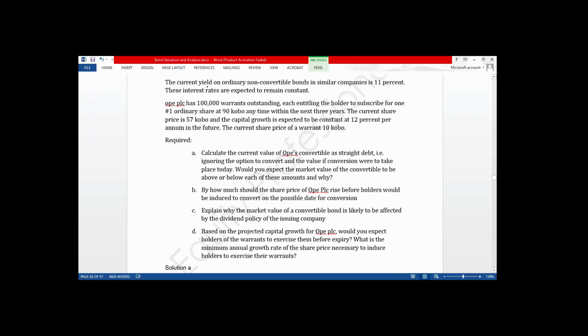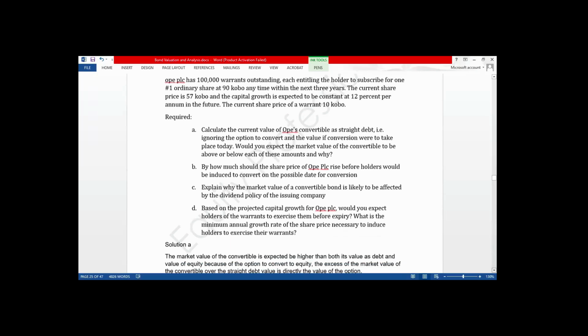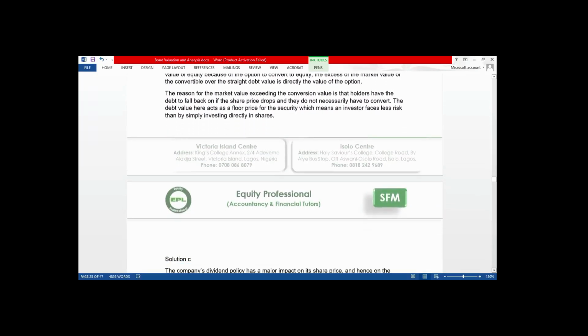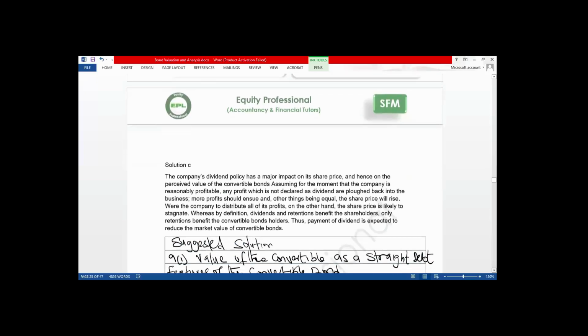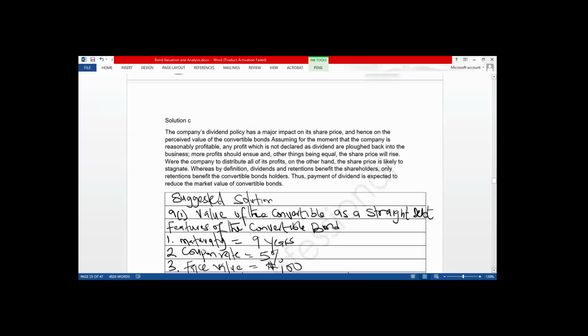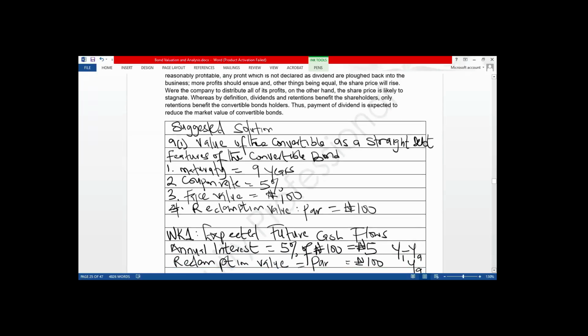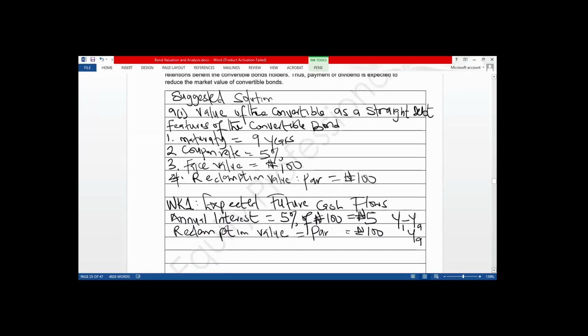The current yield on ordinary non-convertible bond in similar companies is 11%. That is the discount rate for non-convertible bond. We can now determine the value.